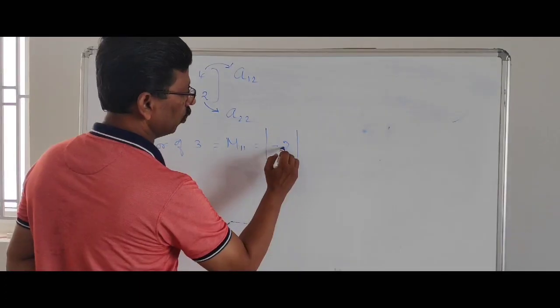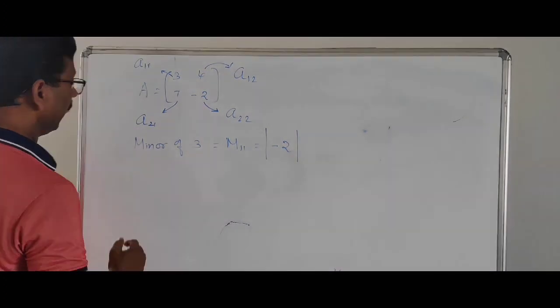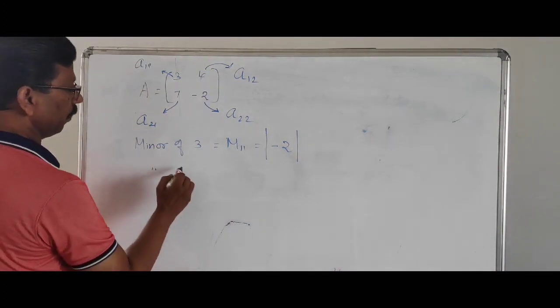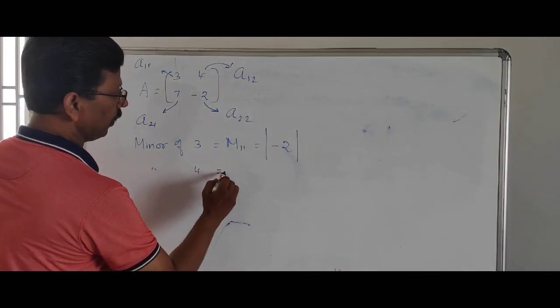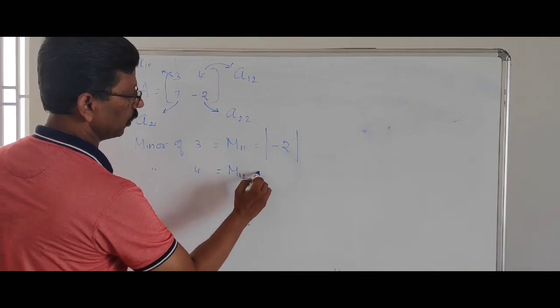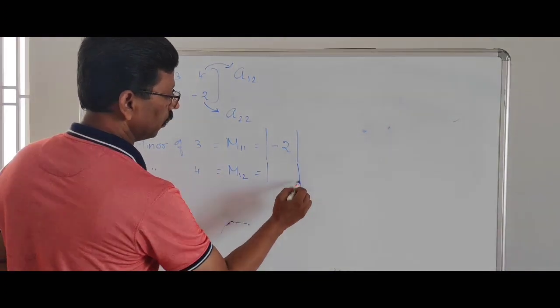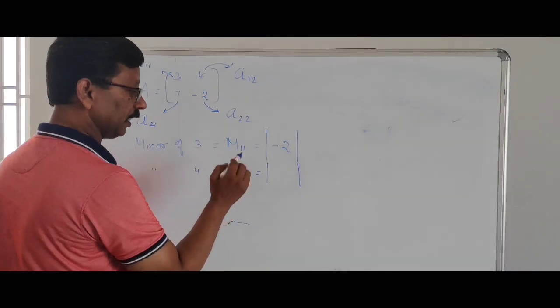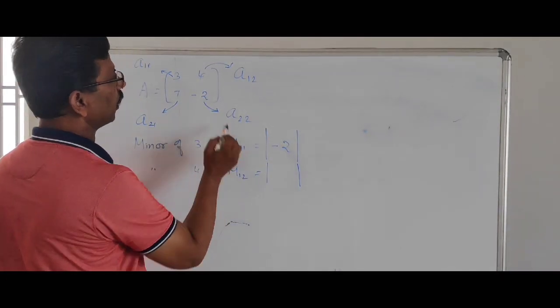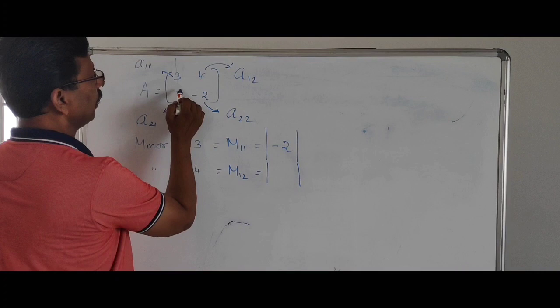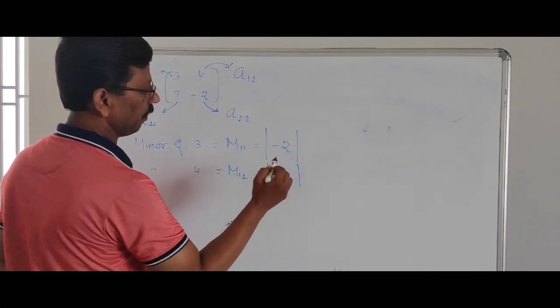Now this will be equal to minus 2. Now likewise we can find the minor of the element 4, which is denoted by M12, which is a determinant obtained by deleting the first row, second column. Then the element is 7. Then we can write 7.